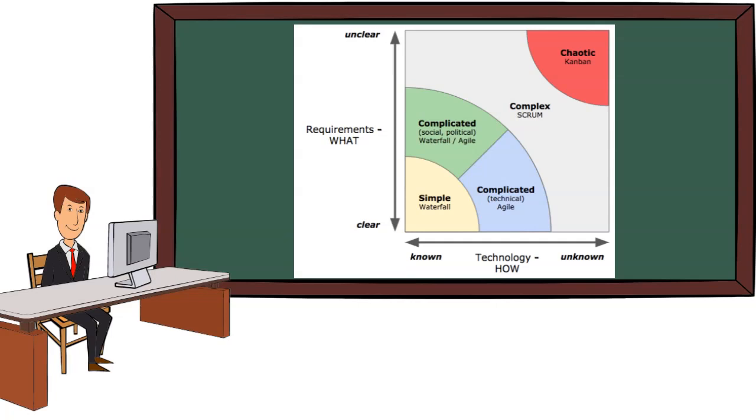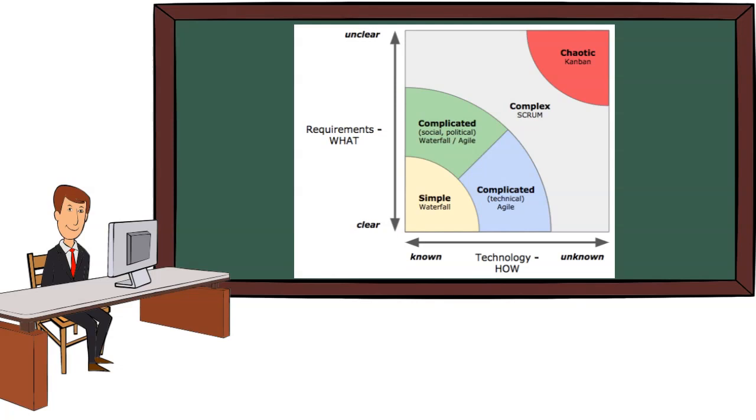For a clear and known project, this would be known as simple, and a waterfall method would absolutely fit this type of project. But as the requirements become less clear and the technology less known, this would move us into the realms of complicated, where a hybrid waterfall and agile method may be effective.